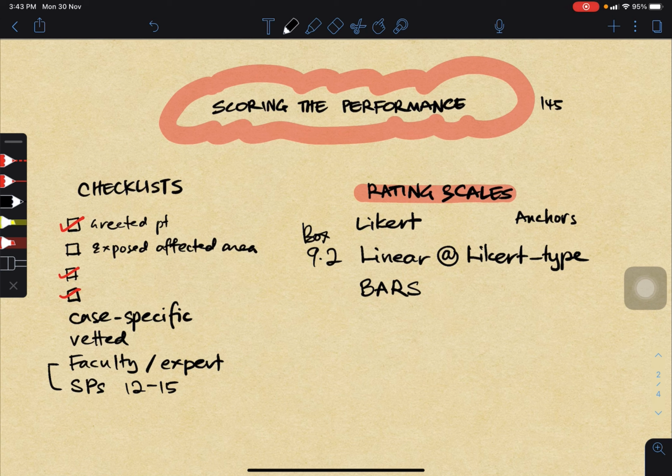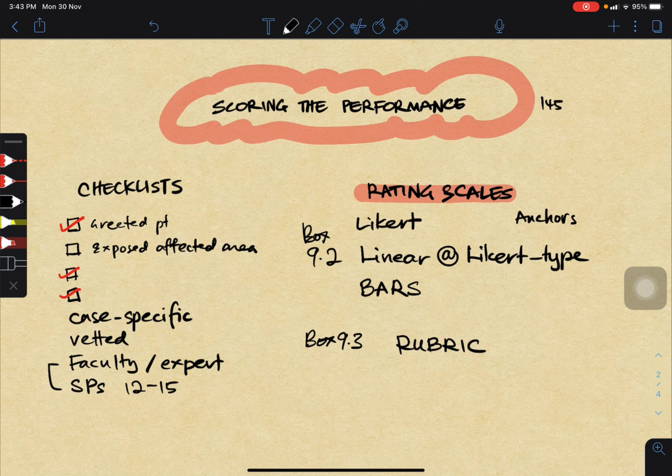And in box 9.3 there's a sample of a post-encounter patient note scoring rubric. So you can use a rubric for scoring performance in a performance assessment or an OSCE, right? So these are good examples.